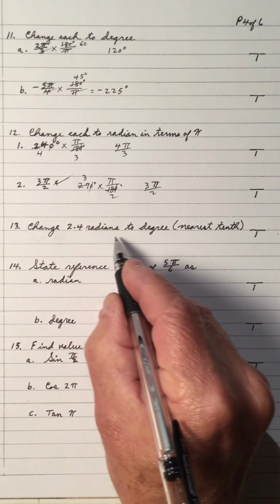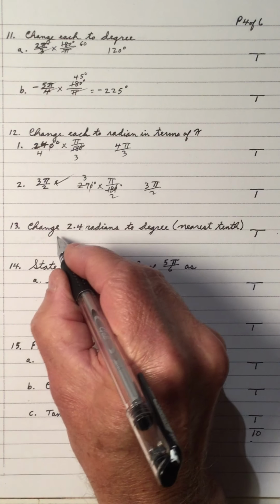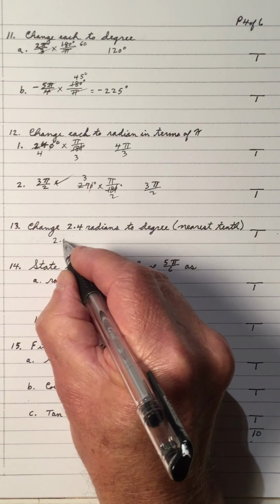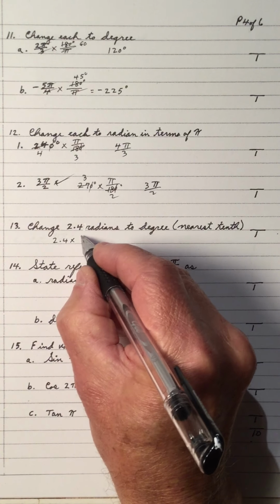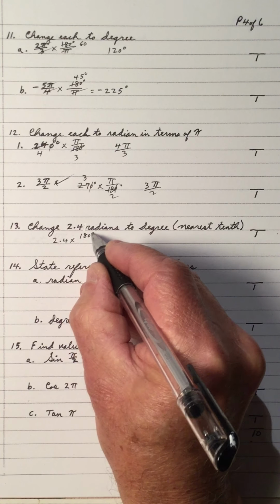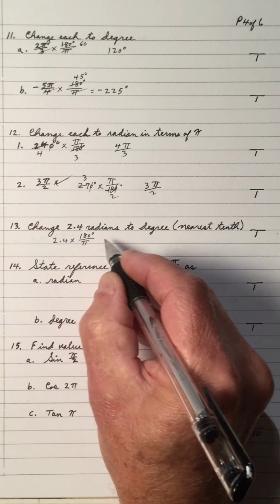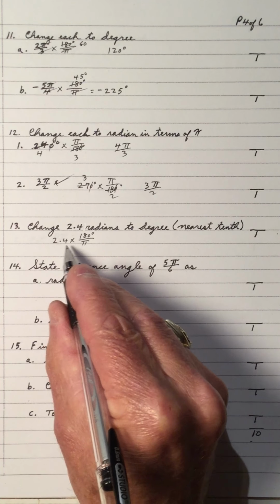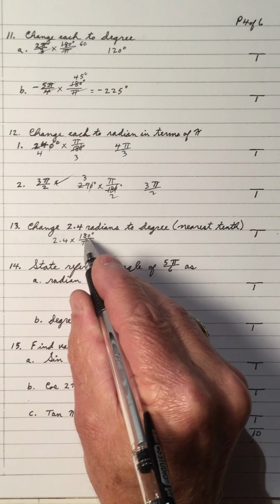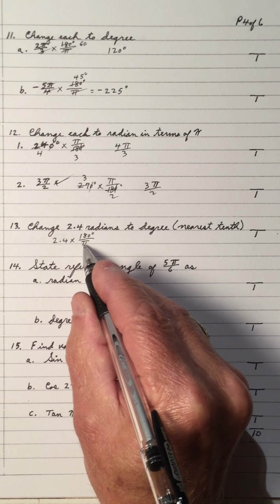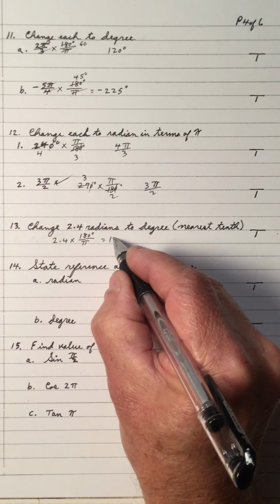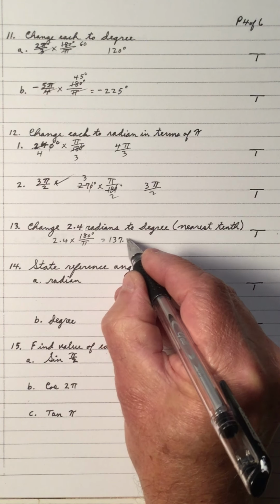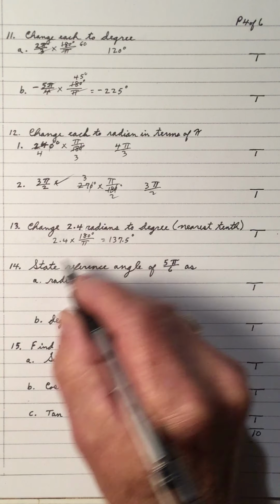Change 2.4 radians to degrees to the nearest tenth. So it's a radian, so it's 2.4 times 180 over pi. Now, if you multiply 2.14 times 180 divided by pi, you will get 137.5 degrees.